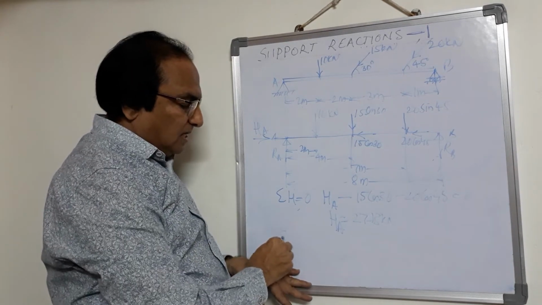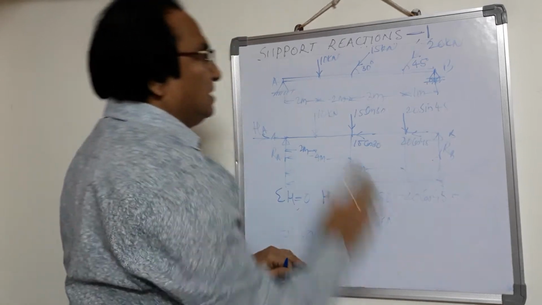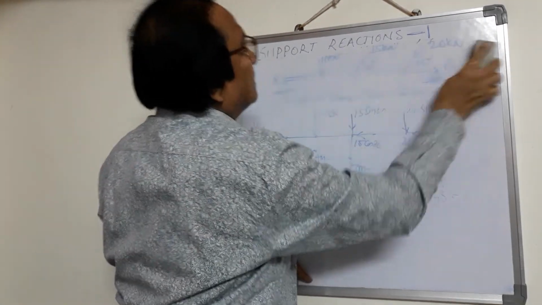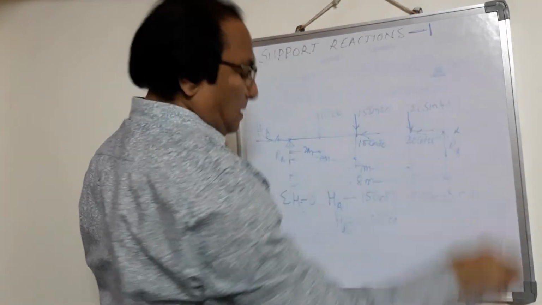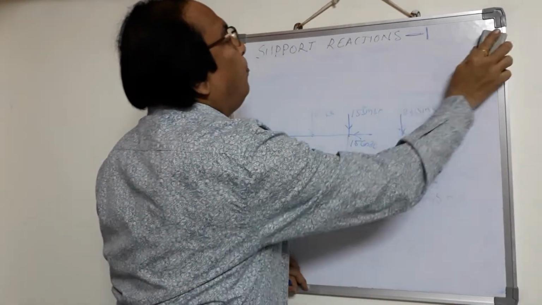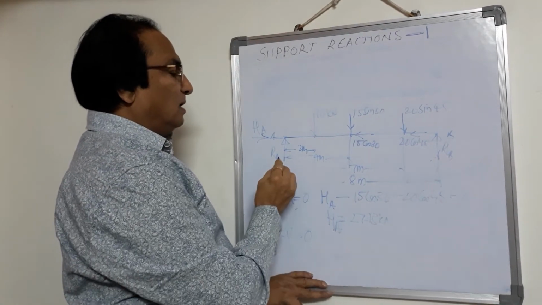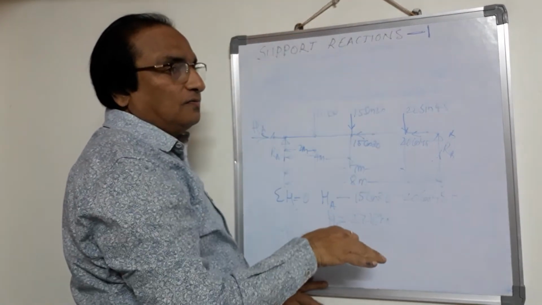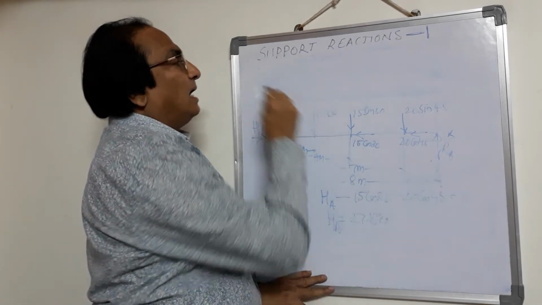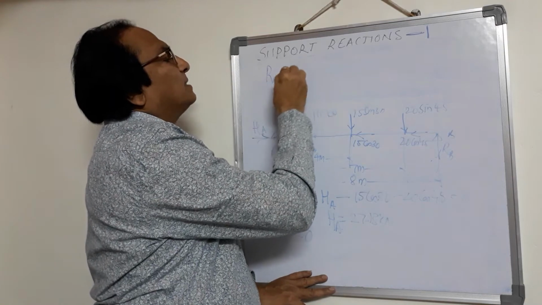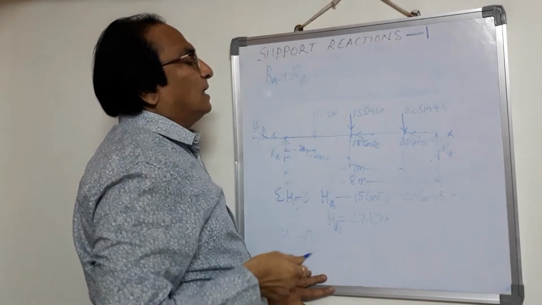Now we will go for the second equilibrium condition, sigma V equal to 0. So there are upward forces and downward forces. Upward force must be equal to downward force. Upward are RA and RB. So RA plus RB must be equal to the downward loads acting.